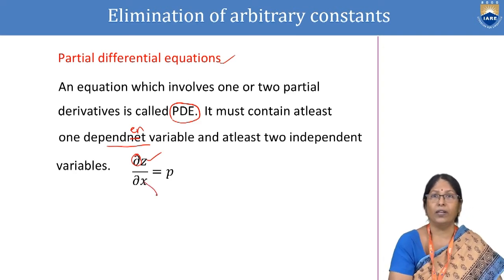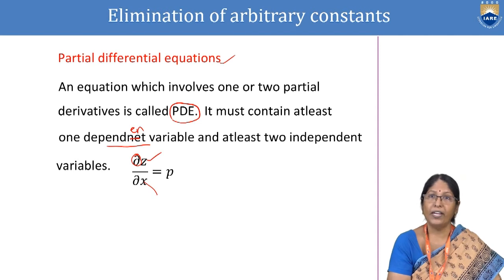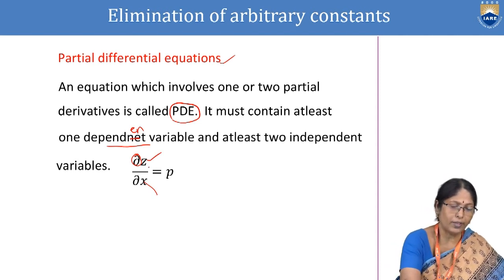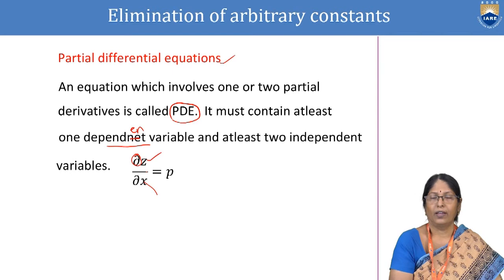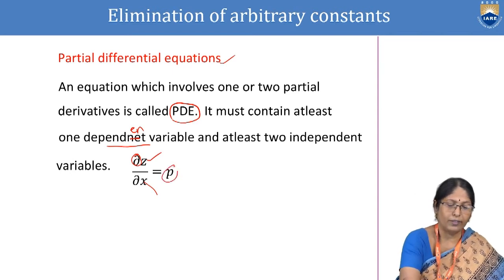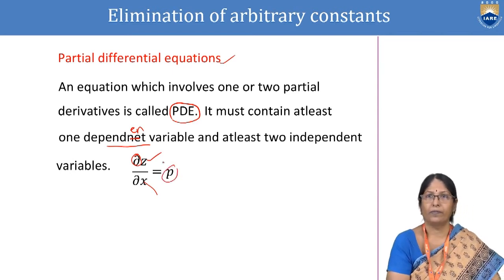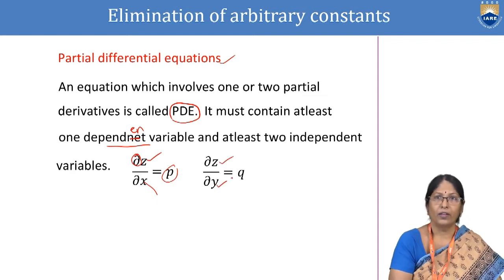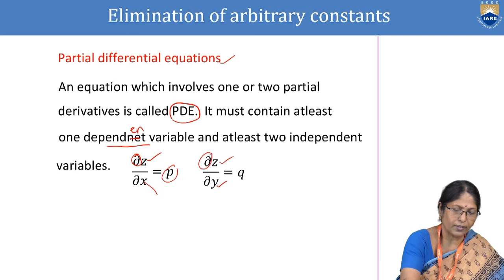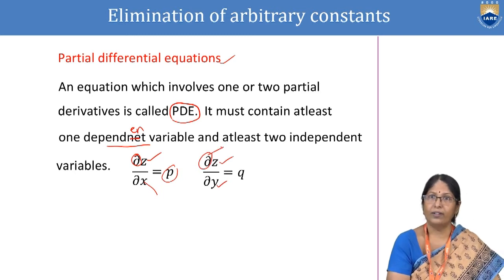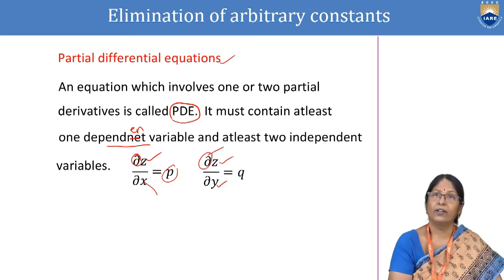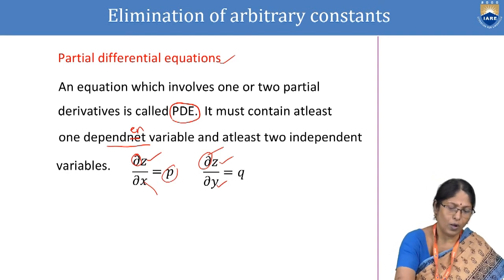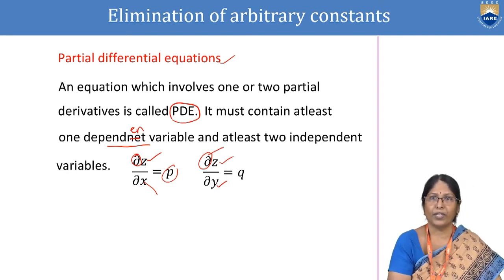X and y are playing the role of independent variables. ∂z/∂x is denoted by small p, and ∂z/∂y is denoted by q. ∂ represents partial differentiation, z is the dependent variable, and y is an independent variable.